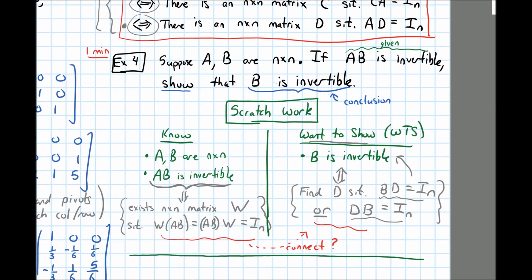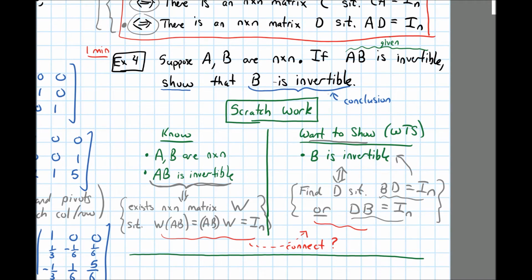Okay, so one thing that I notice is, ultimately what I'm trying to do is show that B times something, either something on the right or something on the left, equals the identity. And do I have that in these statements about W? Well, in this statement over here, B is being multiplied on the left and on the right to get the identity. So I'm not super sure that that one is useful.